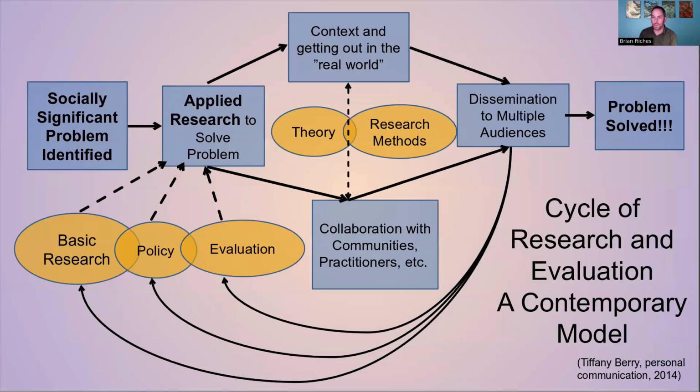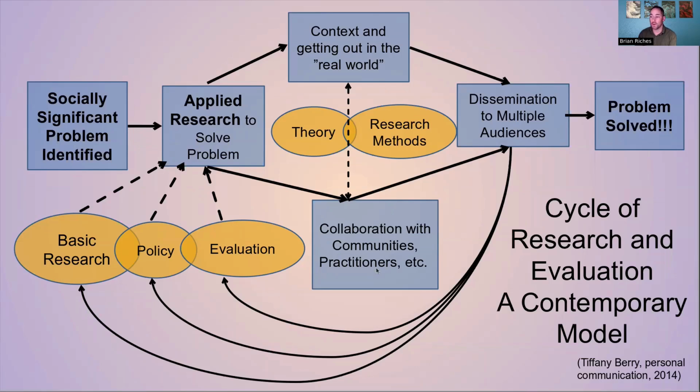So with this pattern, hopefully we are solving problems. The goal is to solve problems with applied psychology. So you take your socially significant problem, you do some research to see what's been done, you get out in the real world, you talk to practitioners. Let's say you're trying to solve poverty.